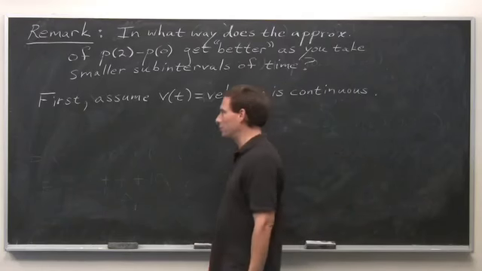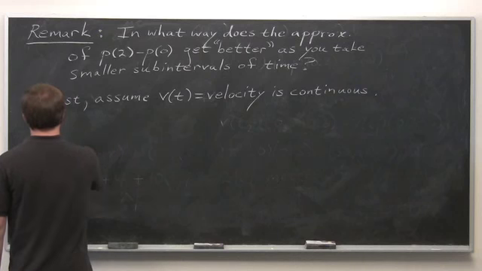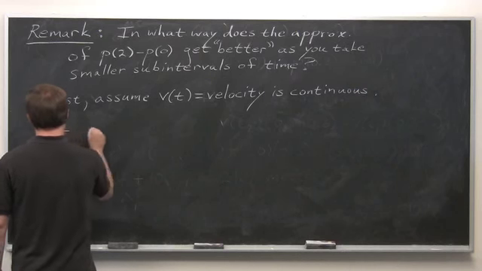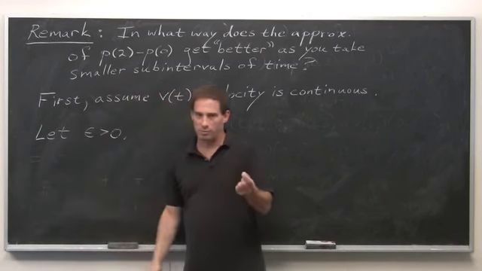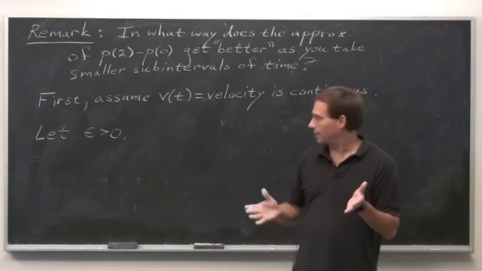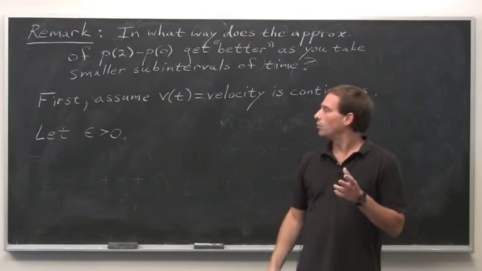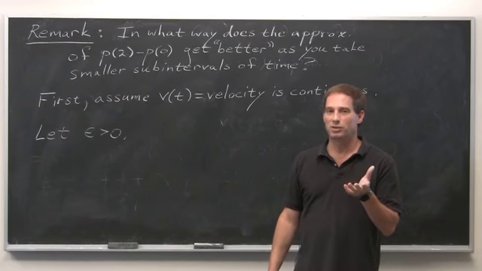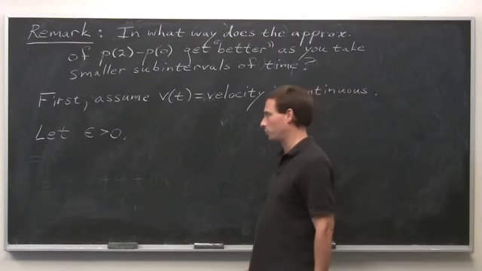How close do you want our approximation to be to the displacement? So let epsilon be greater than 0. What you should think is that epsilon is small. It could be anything greater than 0, but what we care about is when it's small. It's supposed to be the measure of how close your approximation of the displacement is to the actual displacement.